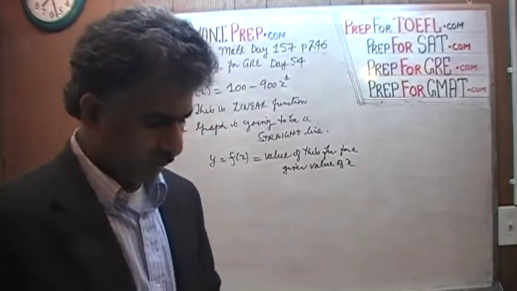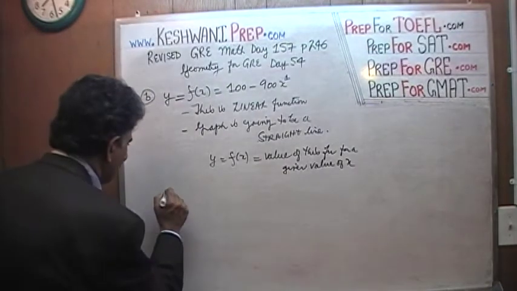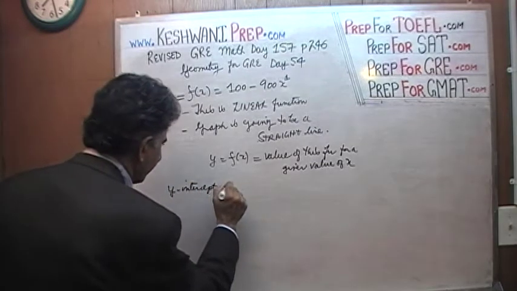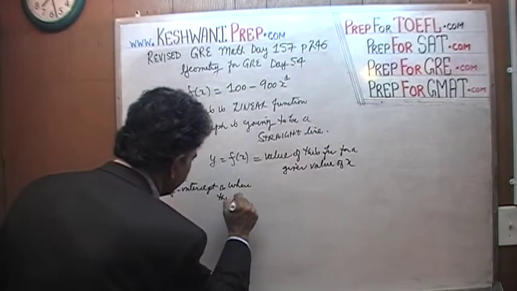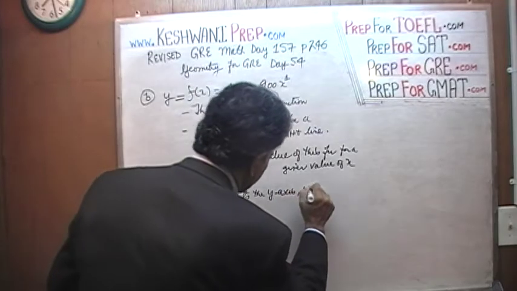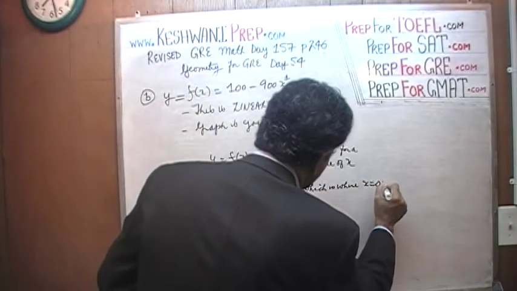Let's first find out its y-intercept. The y-intercept is where the line cuts the y-axis, which is where x is equal to 0.